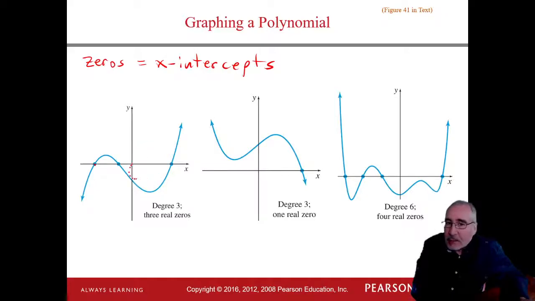It could mean the difference between profit or loss. That's why oftentimes in business situations, these zeros are important. It's where we go from breaking even to making a profit, or the other way around. So we look for these. Again, with Desmos, it's real nice. Once we graph it, those will show up.